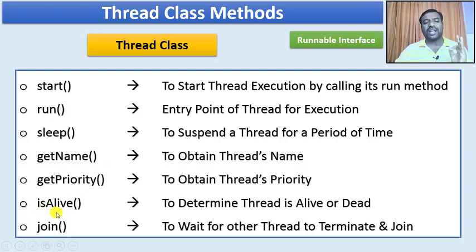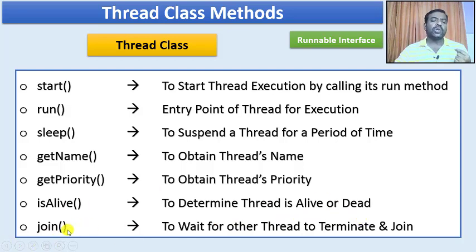To check the status of a thread, we'll use the function isAlive. So this isAlive will determine whether the thread is alive or dead. This function will return true if the thread is still in execution, and it will return false if the execution of the thread is completed and it is no more existing. That is what we call dead.